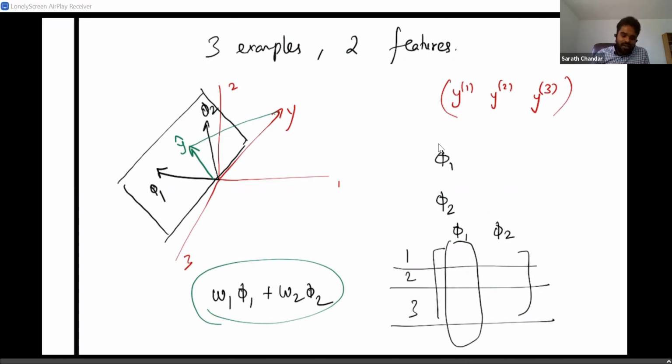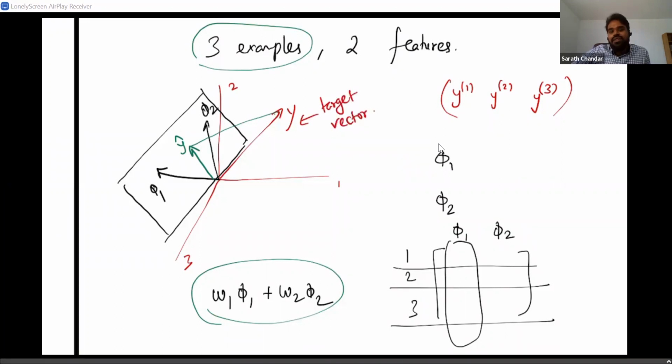Now consider a 3D space. The prediction for every example is given by Y1, Y2, Y3, so my prediction vector lies in this 3D space. This is the target vector.